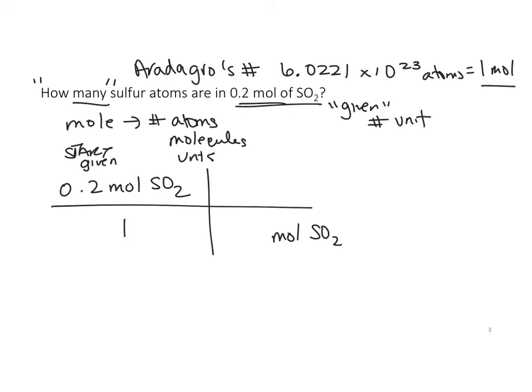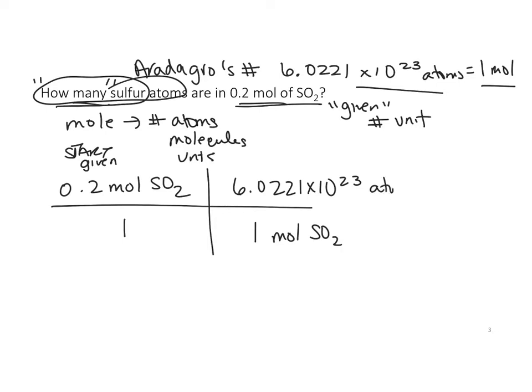And then you say, okay, what's the question asking for? How many sulfur atoms? So we know Avogadro's, for 1 mole of sulfur dioxide, we can have 6.0221 times 10 to the 23rd atoms. Now we get our calculator in and we multiply the top. So 0.2, you can take divided by 1, but that won't make a difference, times 6.022 second EE to the 23rd.